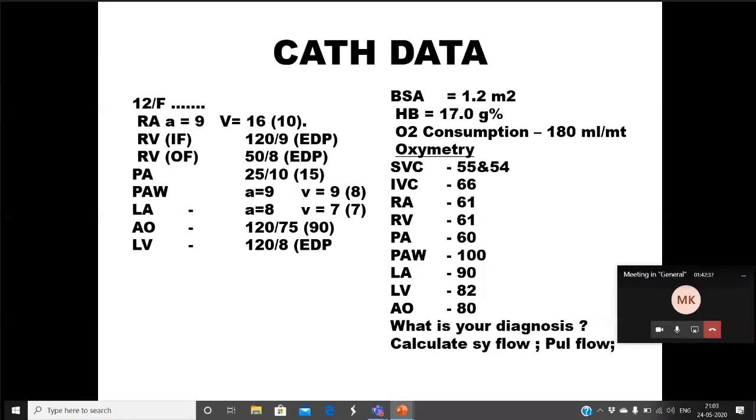You can take it from here, it's available. Yes, sir. So arterial oxygen saturation is 80 minus 3 SVC plus 1 IVC divided by 4. No. That is required only when you are thinking there is a shunt coming to the right atrium. Otherwise, you take the pulmonary artery saturation. That will give you the mixed venous saturation.